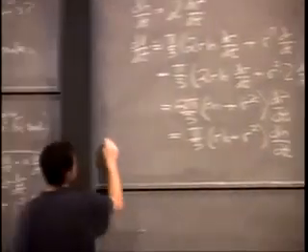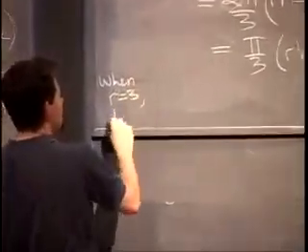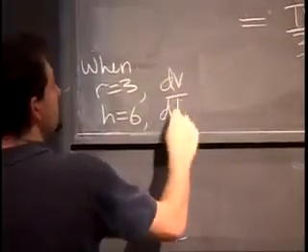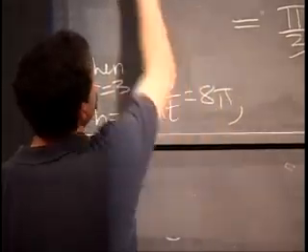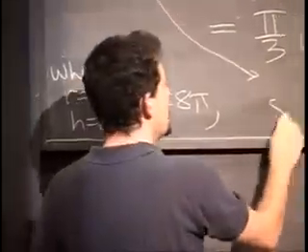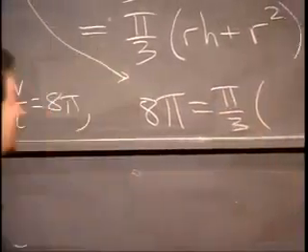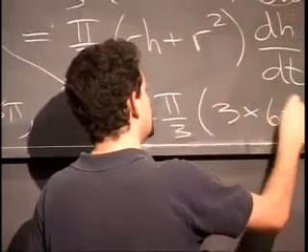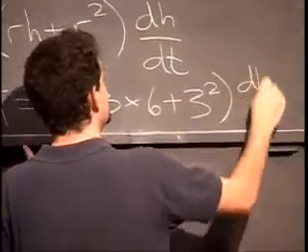So come over here. When r equals 3, h equals 6, and dv dt we already know is equal to 8 pi, this equation becomes 8 pi is pi over 3, rh is 3 times 6, plus r squared is 3 squared, dh dt.